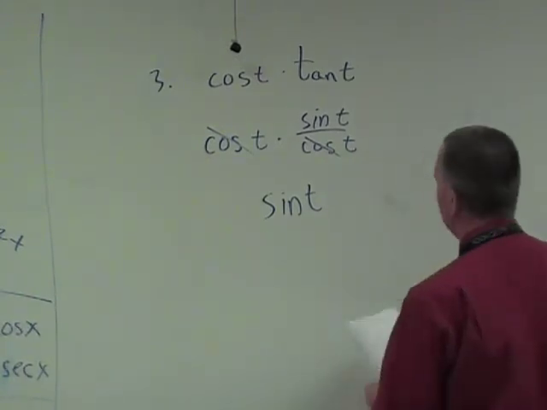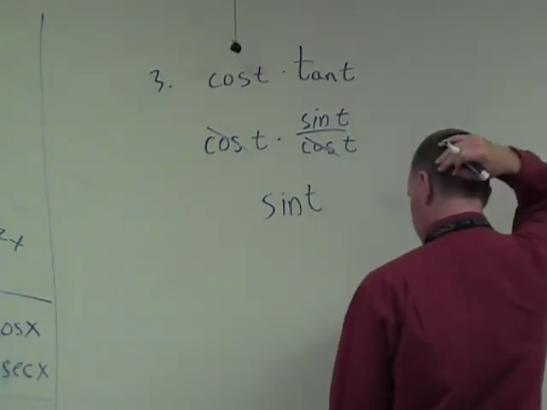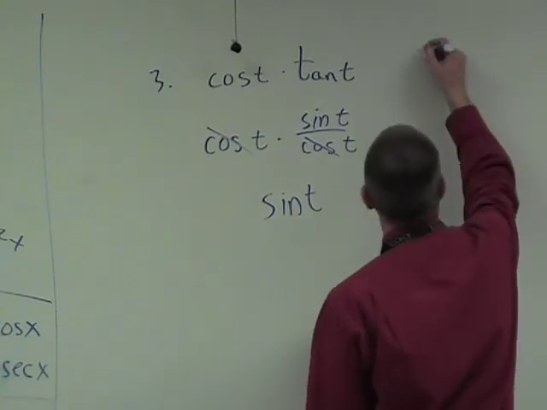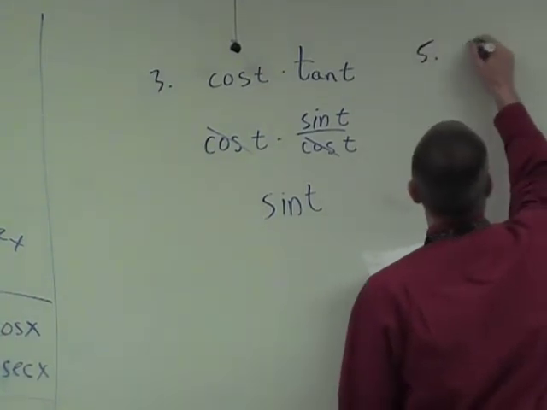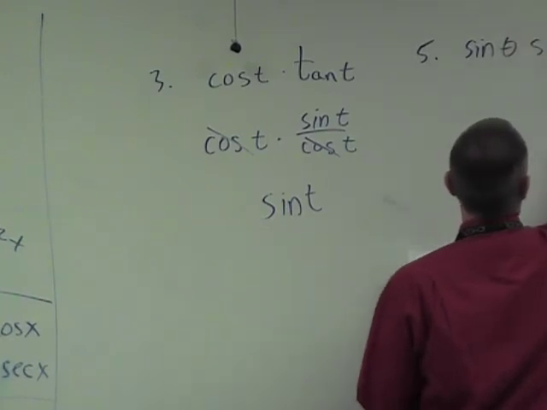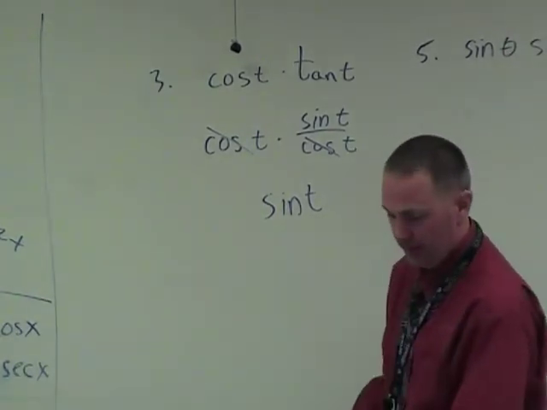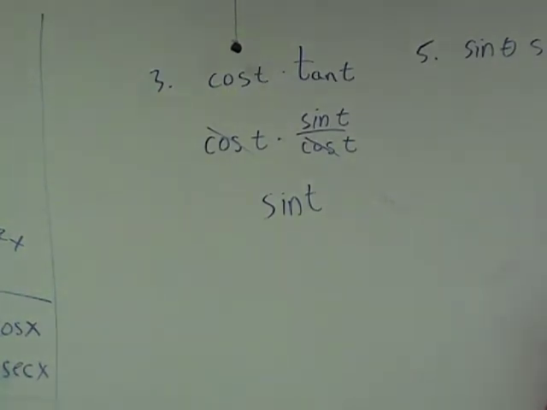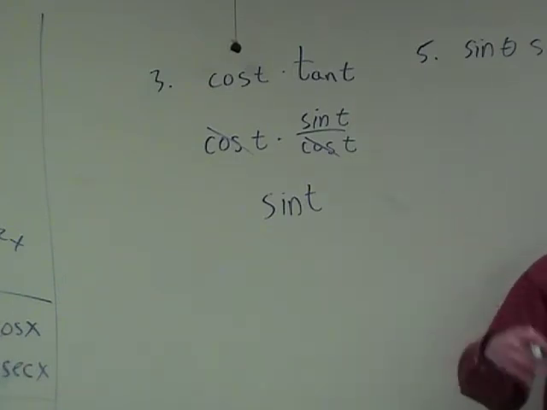All right. For instance, let's do number 5. Let's do a bunch of these. So the sine of theta times the secant of theta. You already have the sine. What do you know about secant, Tyler? What do you know about secant of theta? In terms of sine or cosine.